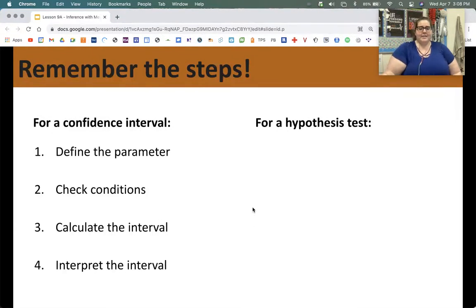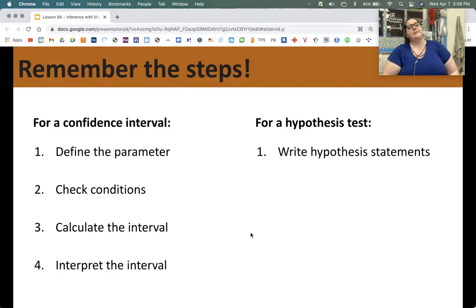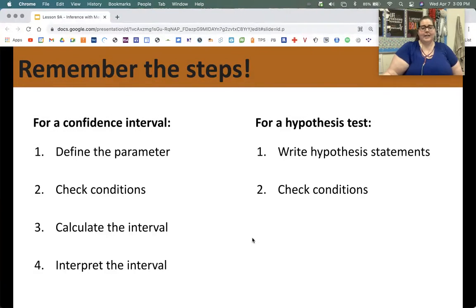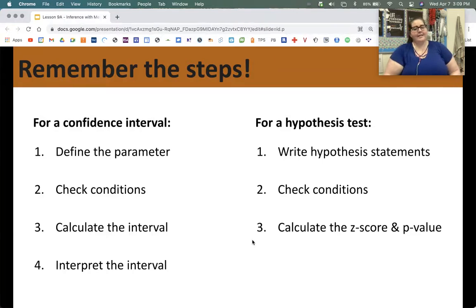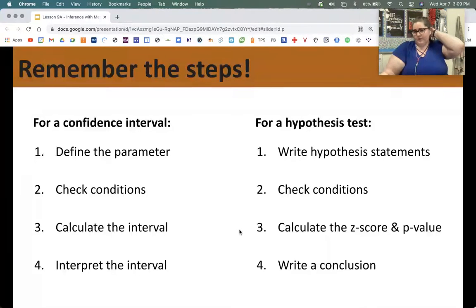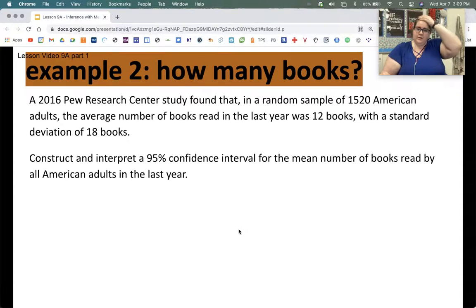For a hypothesis test, write our hypothesis statements, check conditions, calculate the z-score or t-score in this case, and p-value, and then write a conclusion. Same exact steps, just some pieces might change a tiny bit.